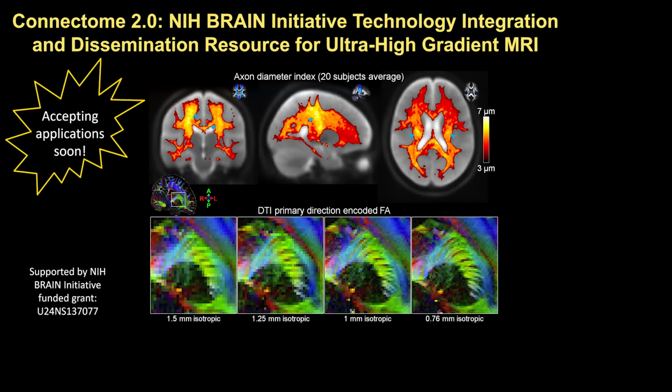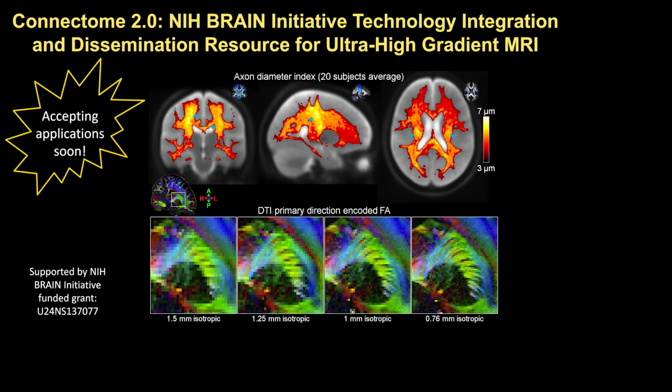And lastly, we've been very fortunate to receive continuation funding for the Connectome 2 project, now in the form of this NIH BRAIN Initiative funded technology integration and dissemination resource grant for ultra high gradient MRI. The goal of this grant is to disseminate this technology by setting up the Connectome 2 scanner as a shared resource facility that will allow users from all around the world to propose and then get on the scanner to do measurements, say targeting microstructure or high spatial resolution diffusion tractography.